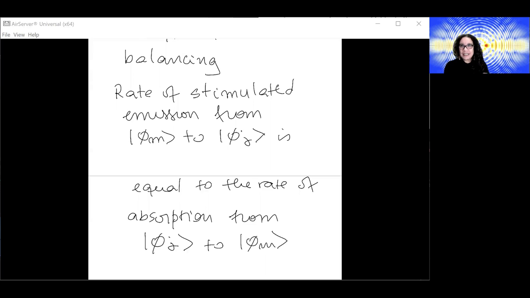So this is something very useful if you're dealing with systems in equilibrium, and it's widely used when you're doing computations.